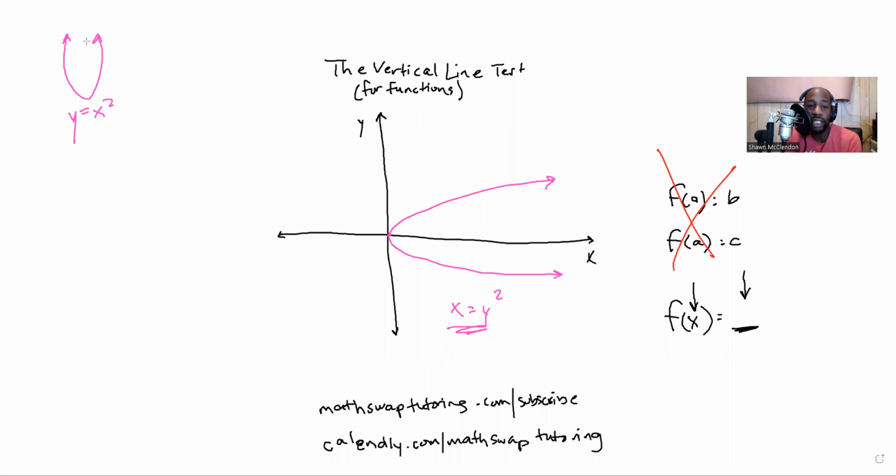Now, if you had this situation here, and I drew this pretty badly, these aren't supposed to go straight up like that. Typically, it's more of a U shape with a gradual rise, but it never gets totally straight. Does this pass the vertical line test? No, it doesn't, because you cross here and you cross here.